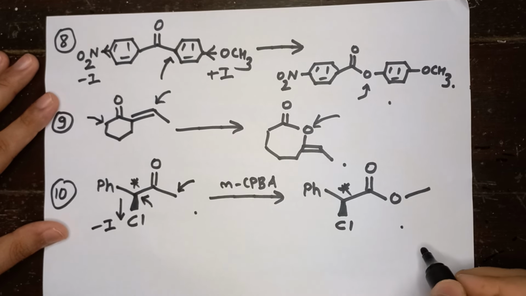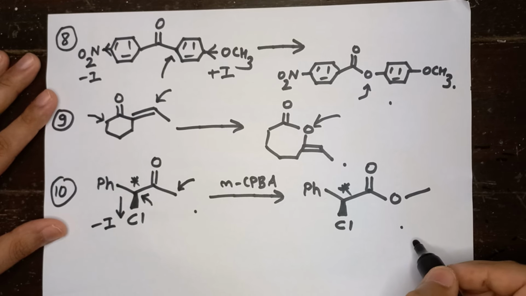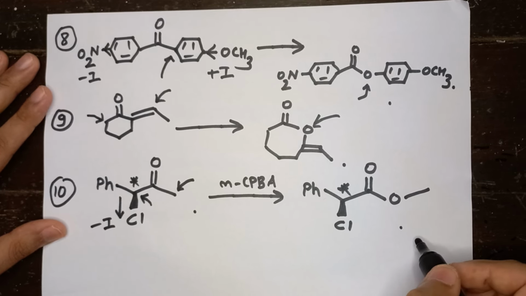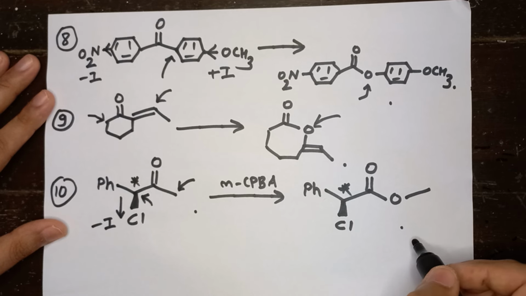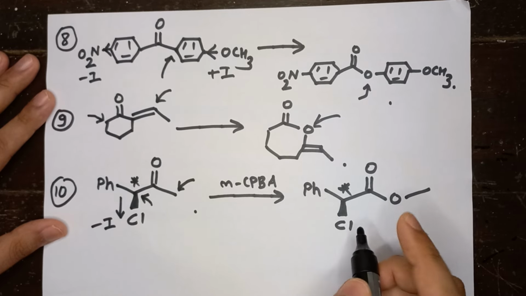So always remember two things: in Baeyer Villiger oxidation the oxygen will always be inserted from the more electron density cloud site, and second, chiral centers will not be disturbed.